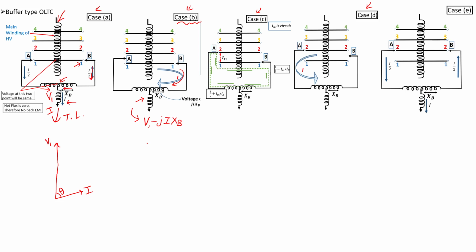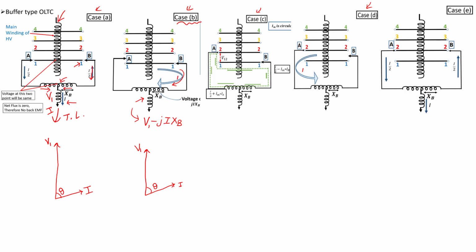Now let us see what the reactance XB is. In this case I am writing the phasor diagram here, taking the phasor a little bit down. This is V, this is I, this is theta, that is the load current. This is the V1 position. Now V1 minus jXB.